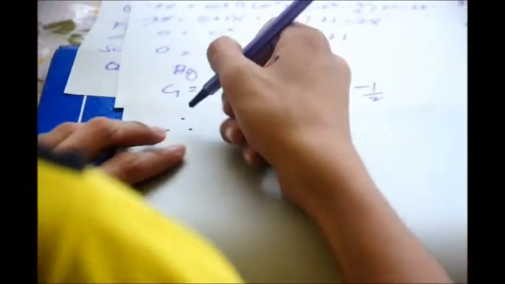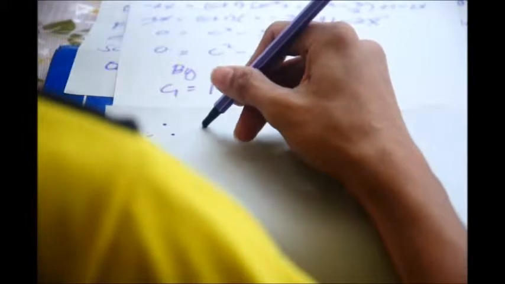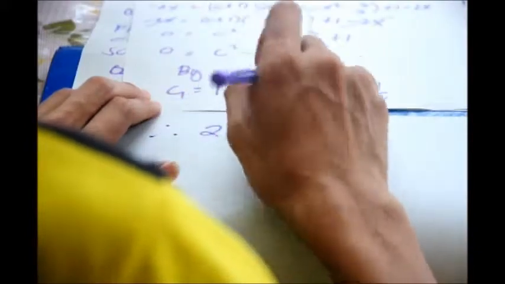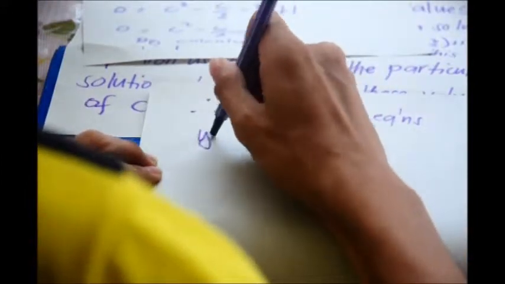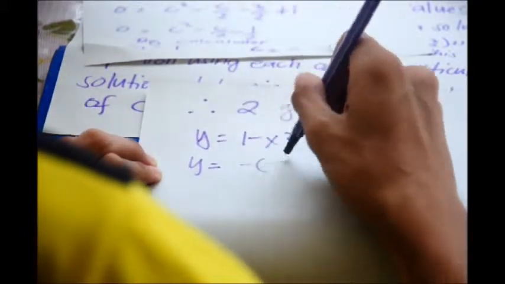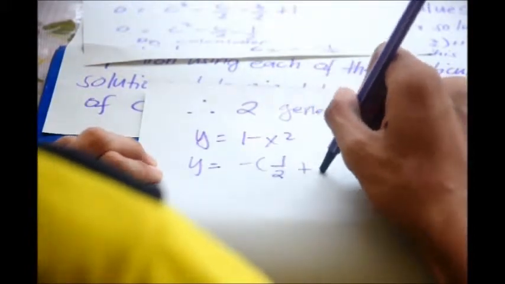So therefore, the two general equations, by substituting the value of the c to this equation, we can get y equals 1 minus x squared and y equals 1 half plus x squared.